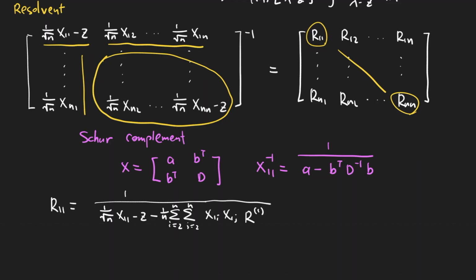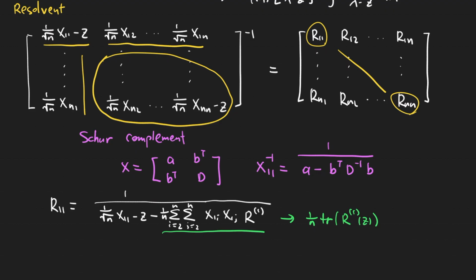Okay, so this formula feels pretty complicated, but it will simplify, I promise. So it turns out that this part will just become 1 over n times the trace of the resolvent when we remove the first row.